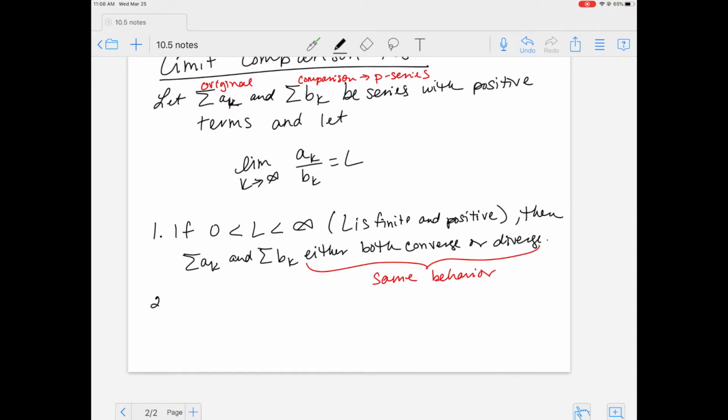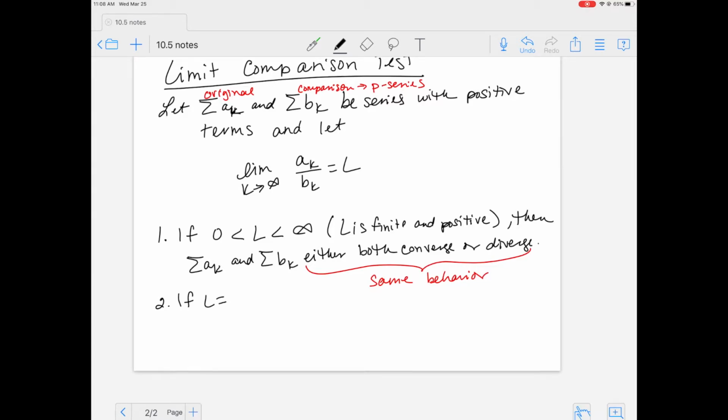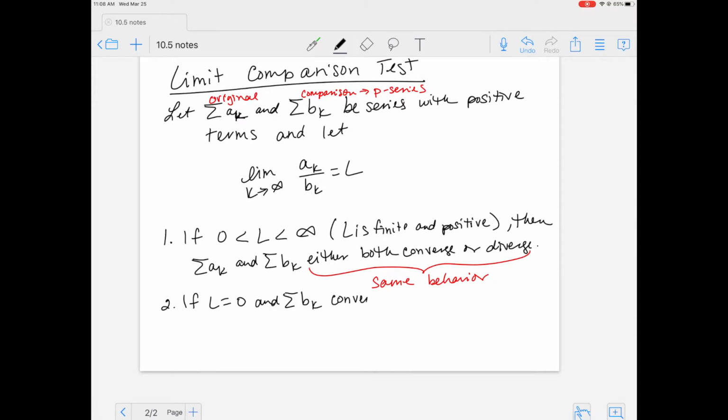Okay, number two here is if L equals 0 and B sub k converges, then your series A sub k also converges.